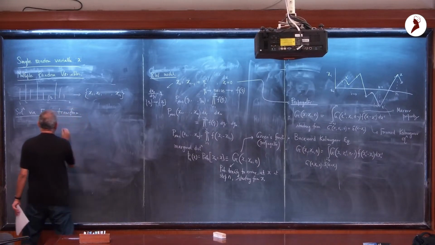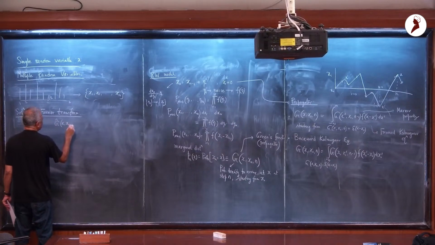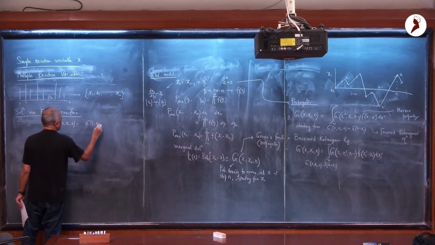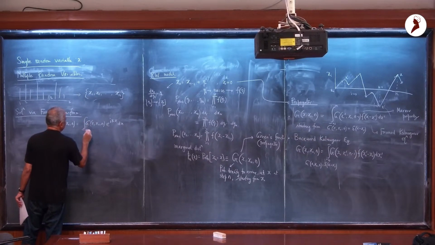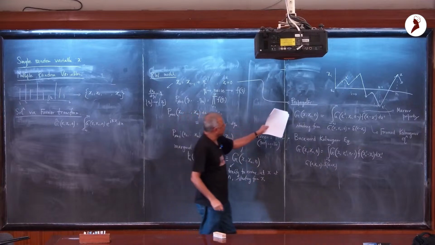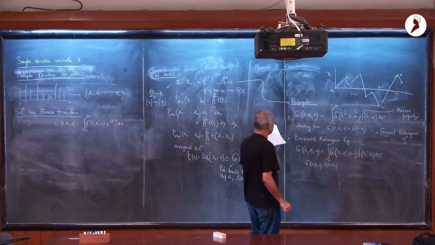So I define g hat of k, x naught, n as the integral of g of x, x naught, n. I multiply this by e to the power i k x. I'm doing the forward equation now. E to the power i k x and integrate over x.